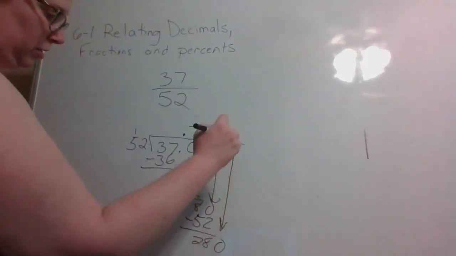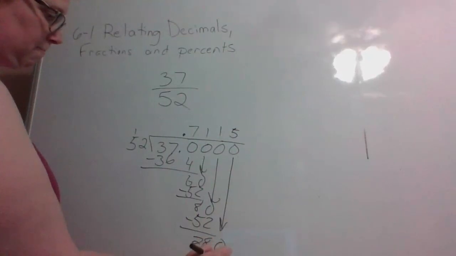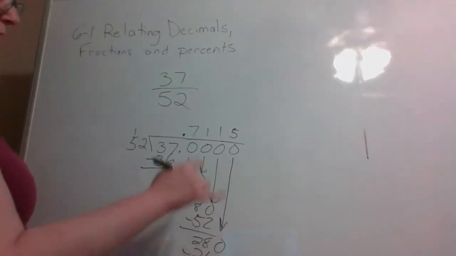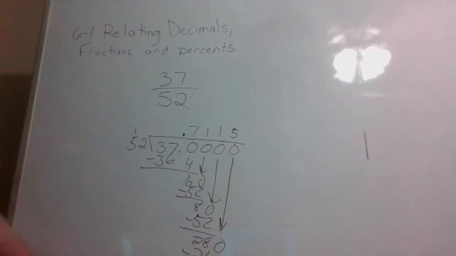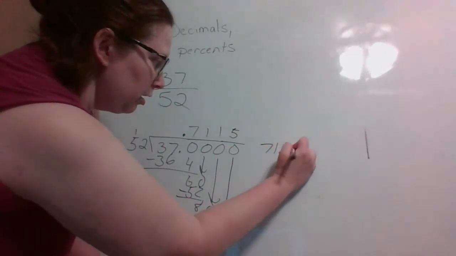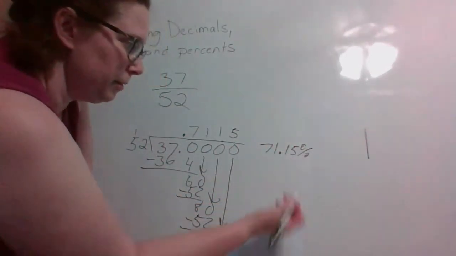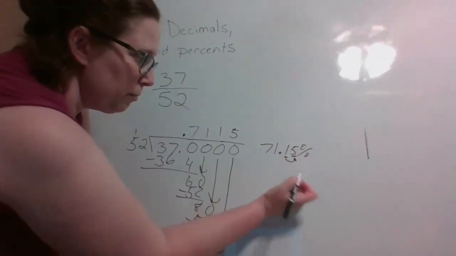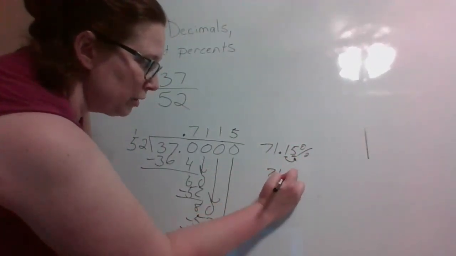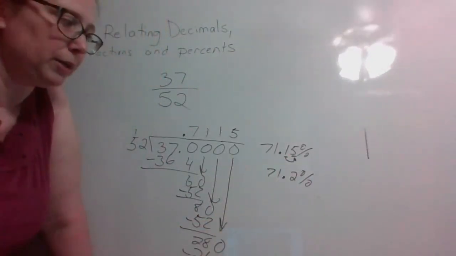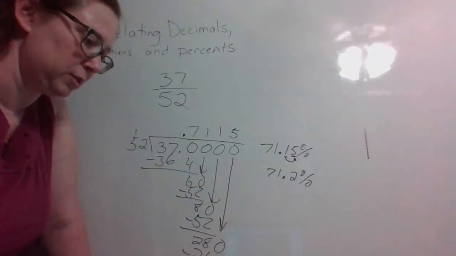All right, so at this point, I can call this a day because when I change this into a percentage, it would be 71 15/100 of a percent. I can then use that 5 to make my decision on my 1, and my 1 is going to round up to a 2 because I have 5 or higher. So I would get 71.2%.